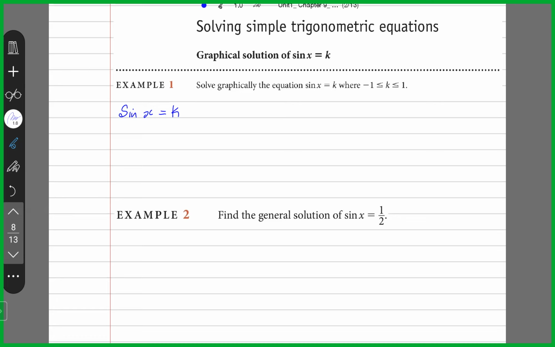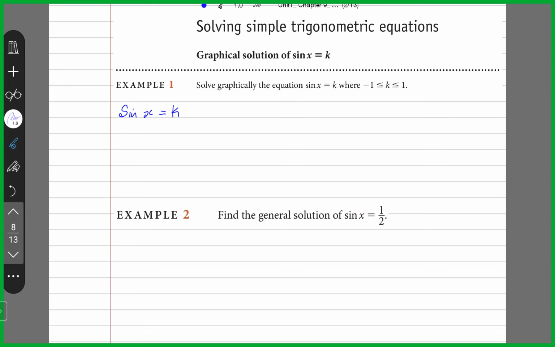Something I want to point out here that I probably should have pointed out earlier. I did say it, but the exact relevance of it might not sink in when I said it earlier. The sine graph repeats itself every 360 degrees.